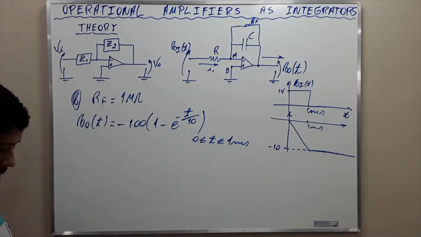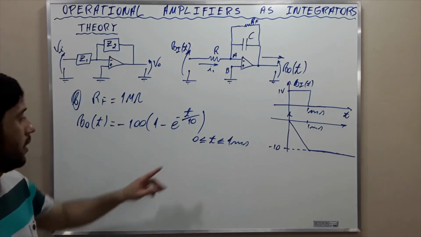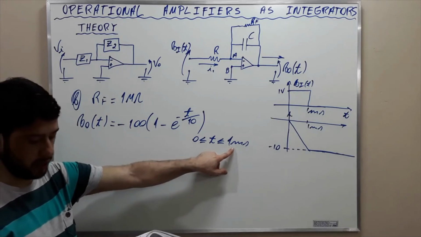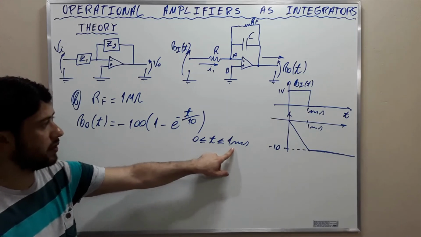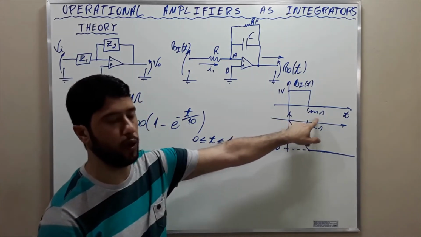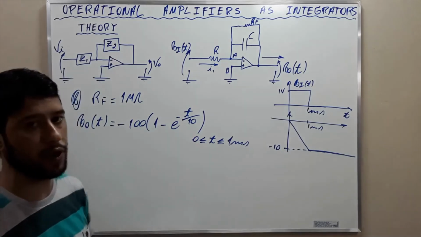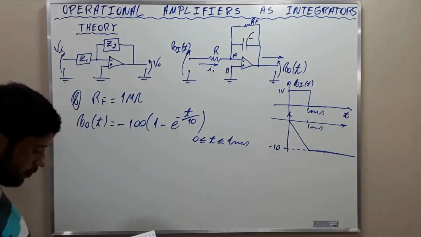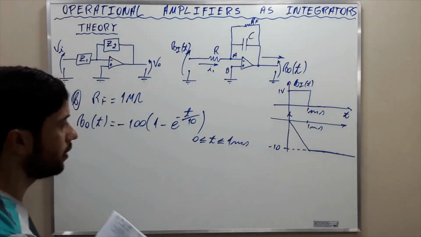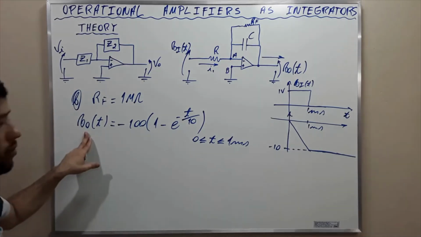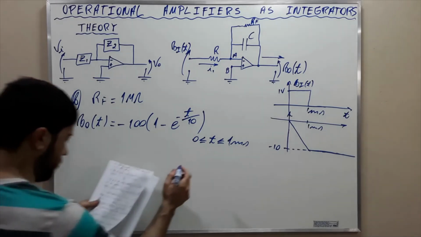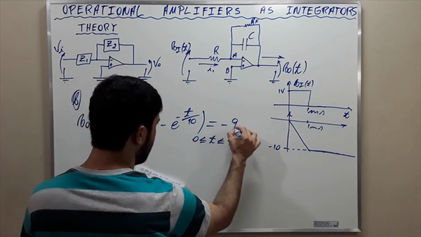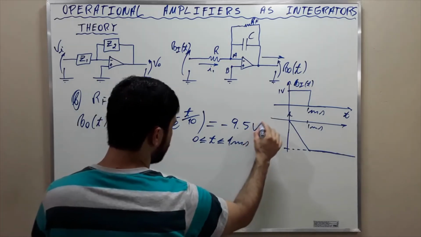Okay? The exponential will be interrupted. The exponential will be interrupted at the end of the input pulse. And we reach the final value of, let's calculate the final value of the output voltage. It is going to be equal to minus 9.5 volts.